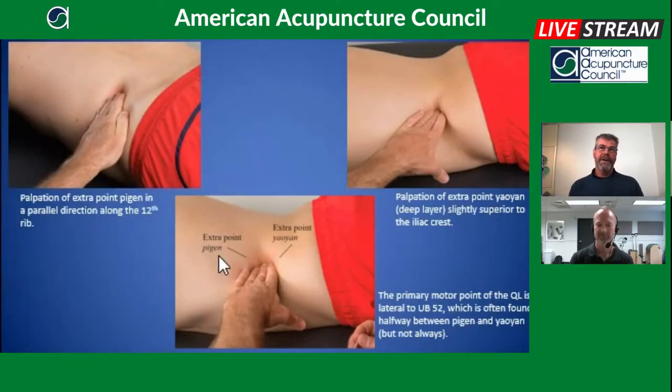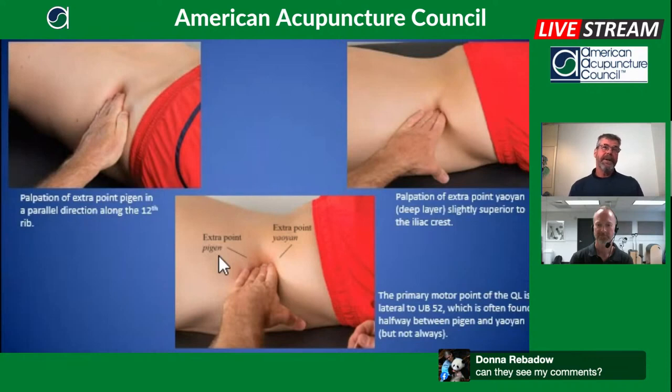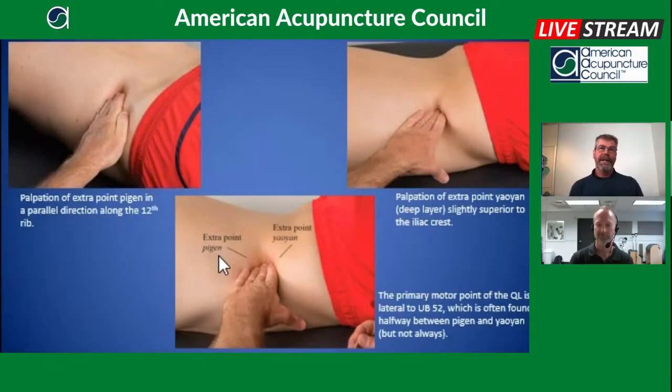You can see a bit of a crease there. The needle would be inserted in the same direction as my middle finger, making sure it's not going to go anterior to the 12th rib. It's a really good idea to palpate the topography of that 12th rib, because you don't want it to go anterior. That could cause a pneumothorax.